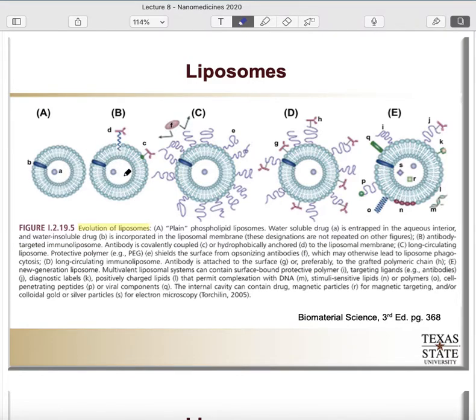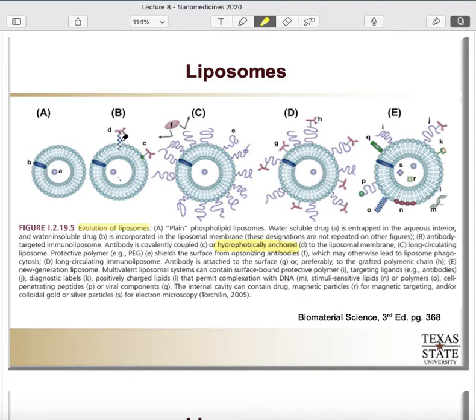After that, we have liposomes that might include antibodies for targeting, and those antibodies can be either covalently attached directly to the phospholipid, or they can be incorporated by hydrophobically anchoring the antibody.